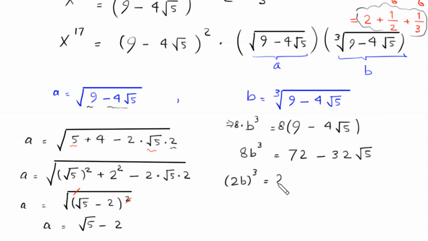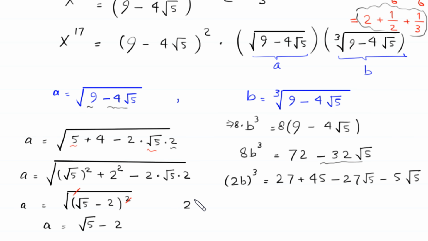is same as 27 plus 45, and this negative 32 times root 5 is same as negative 27 times root 5 minus 5 times root 5.